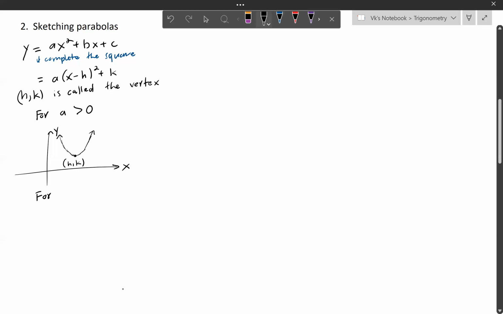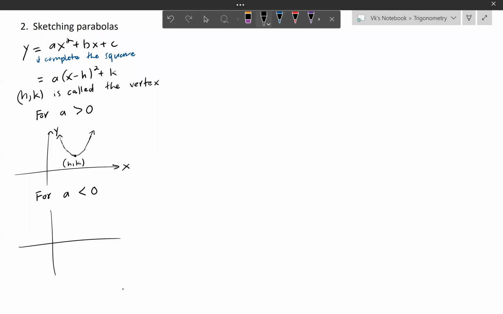For a less than 0, then it's going to be the other way around. Point (h, k), and the parabola is going to be an upside down parabola.